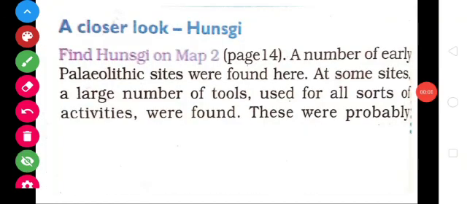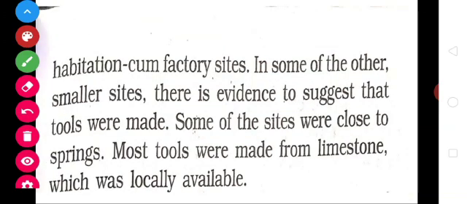A closer look. A number of early Paleolithic sites were found here. Paleolithic means early period of history. At some sites, a large number of tools used for all sorts of activities were found, and these were probably habitation cum factory sites.